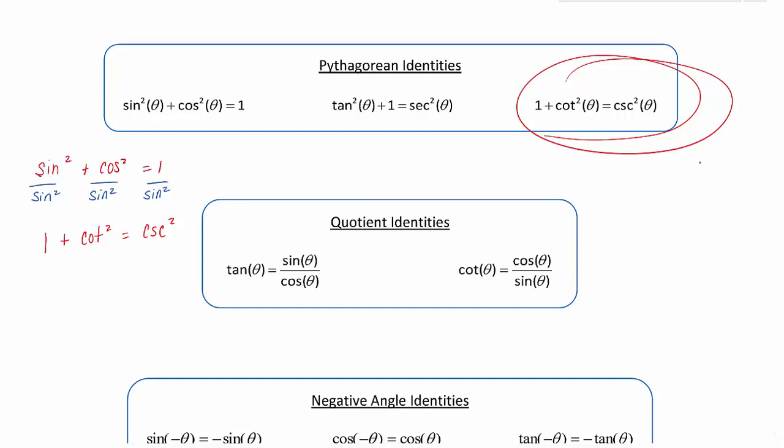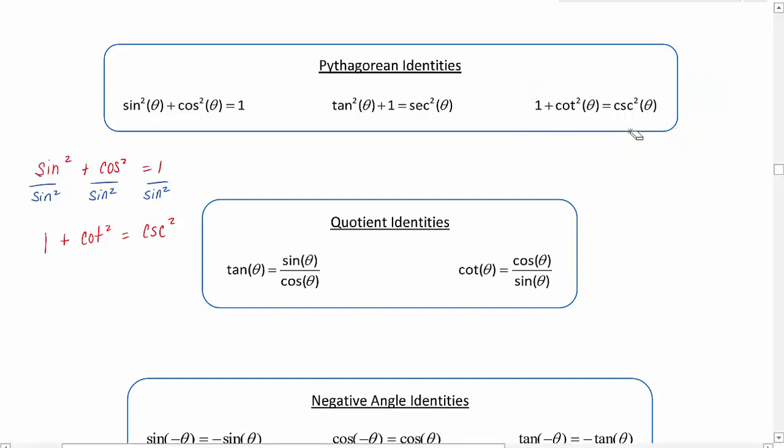I can derive the second one in a similar fashion. So I'll do that over here on the right. Again, starting with sine squared plus cosine squared equals 1. This time, I'm going to divide each term by cosine squared. Sine divided by cosine is tangent, that's squared.